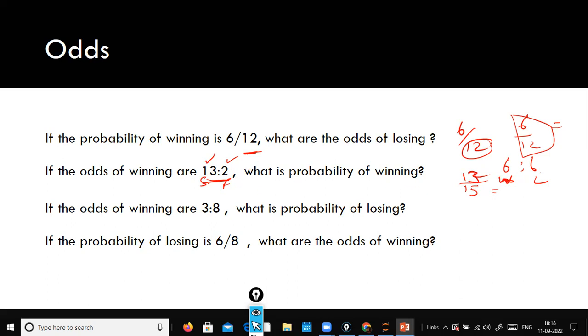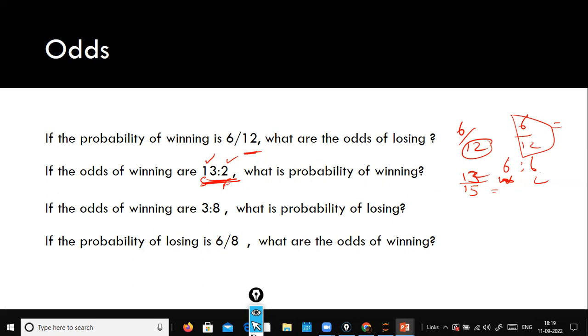If they give you the odds of winning, you should know how to convert that into probability. If I ask you, what is the probability of losing in this case? The denominator is 15.